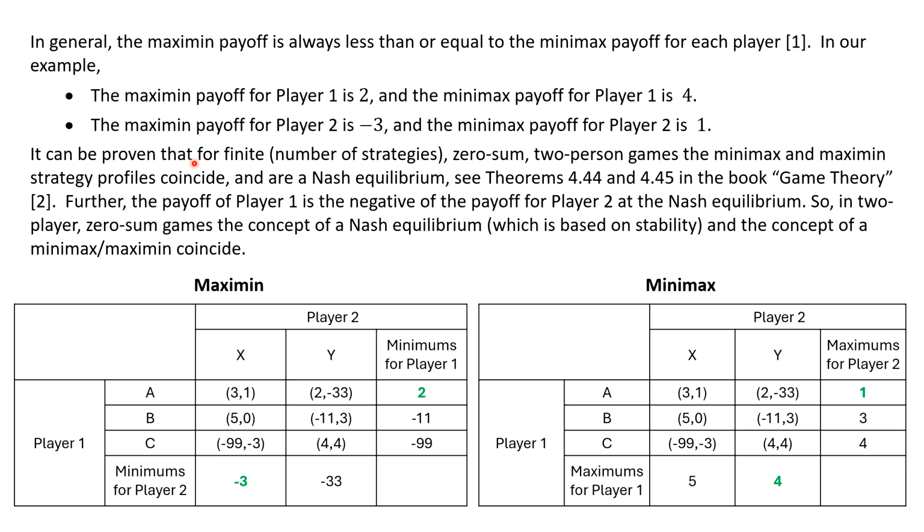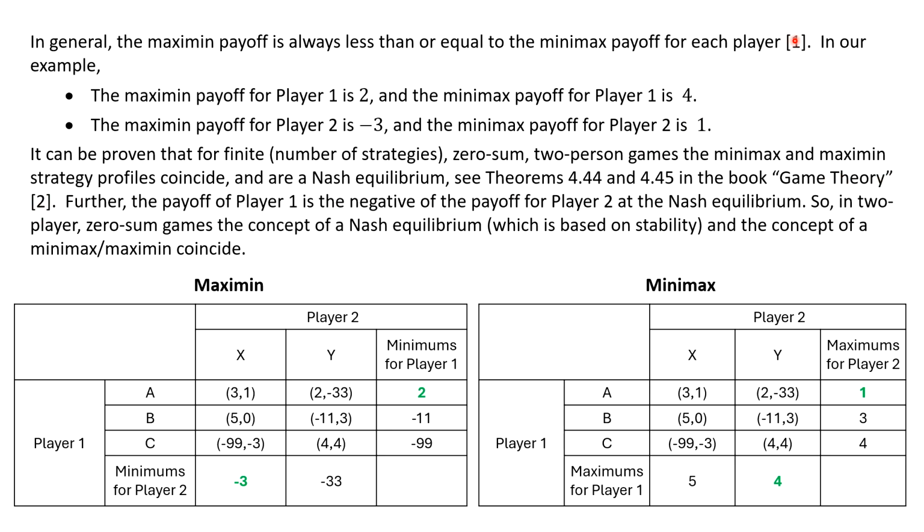It can be proven that for finite, zero-sum, two-person games, the minimax and maximin strategies coincide. I said it on the last page. And they are a Nash equilibrium. I also said that on the last page. And if you're interested in a proof, see theorems 4.44 and 4.545 in the book Game Theory, reference 2.